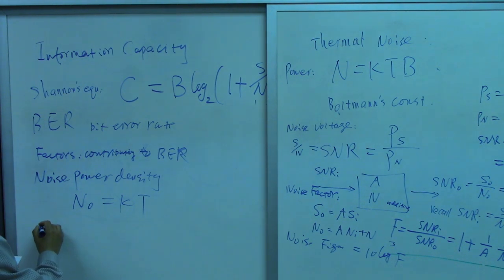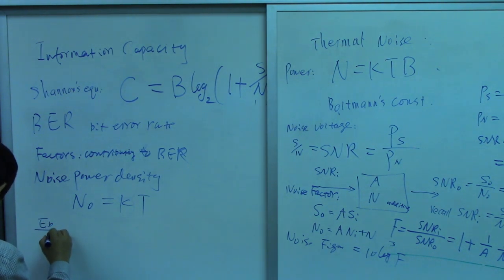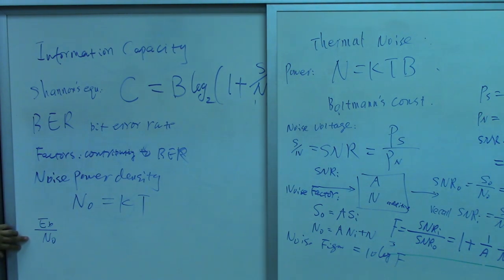The next concept is important here, and we just mentioned this: Eb per N0, the signal energy per bit relative to the noise power density. If we know the transmission rate and the signal power, we can easily calculate this.